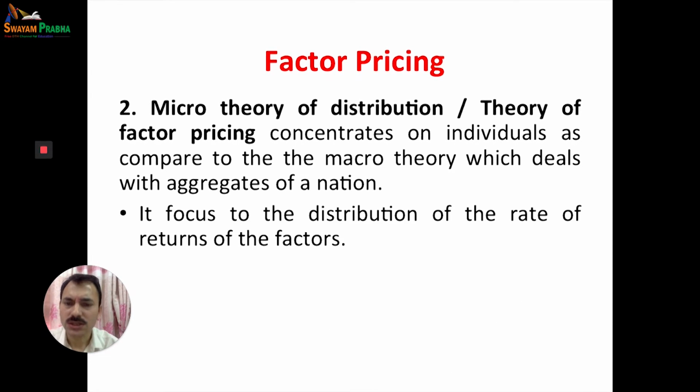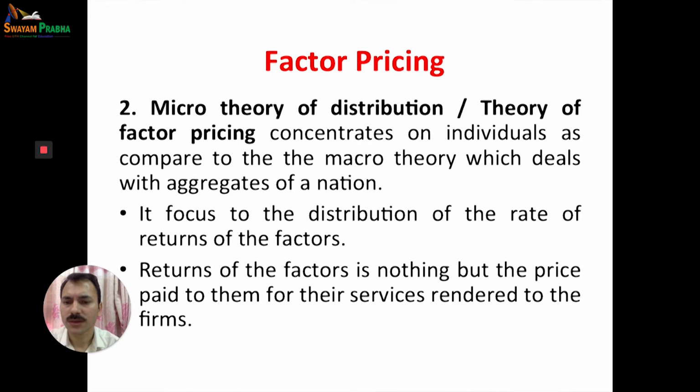It focuses on the distribution of the rate of return of factors. Returns of the factor are nothing but the price paid to them for their services rendered to the firms.